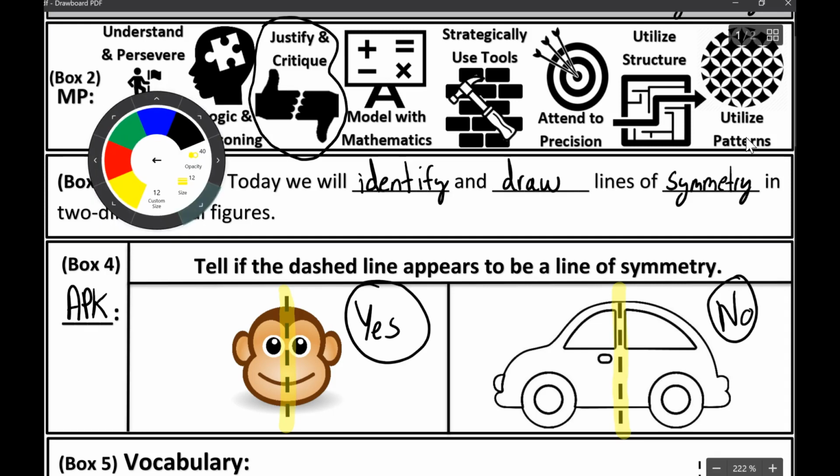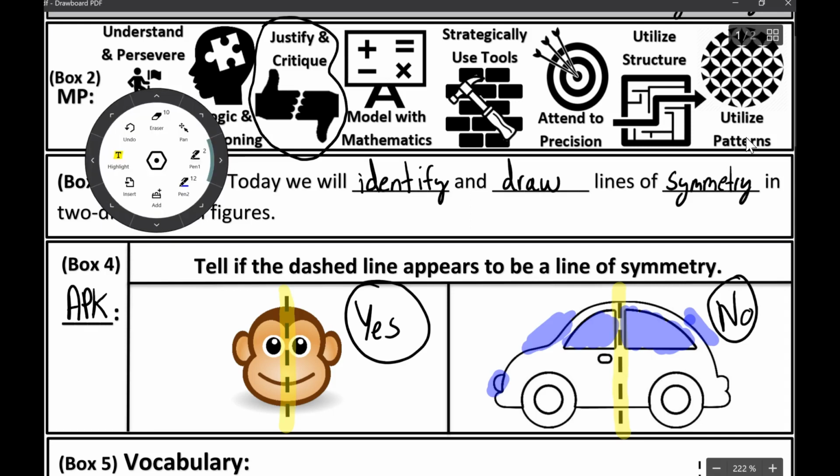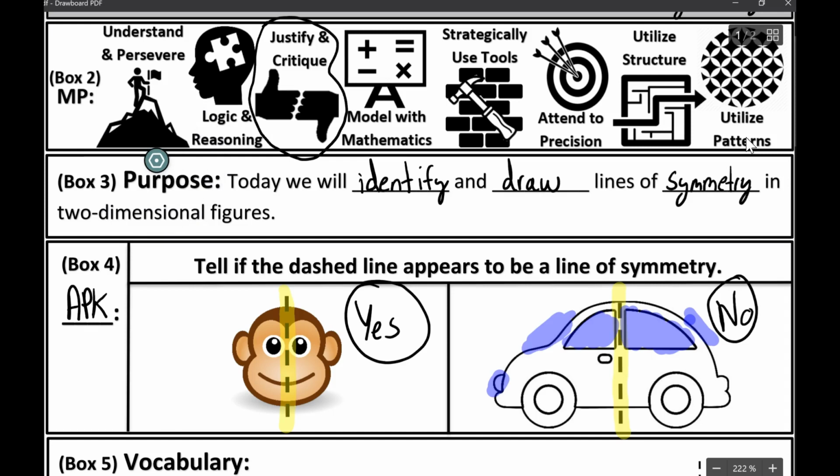For example, you can more or less tell that this window is smaller than this window, so it does not produce two equal parts. And then two, you have this empty space right here on the front of the car, which back here there's no space right there. Plus, in addition to that, you have a bumper in the front. In the back you don't have that. So again, there's just multiple reasons why this is not a line of symmetry. It's based off of the actual shape of the car. It does not have all the same details in the two parts that are split.